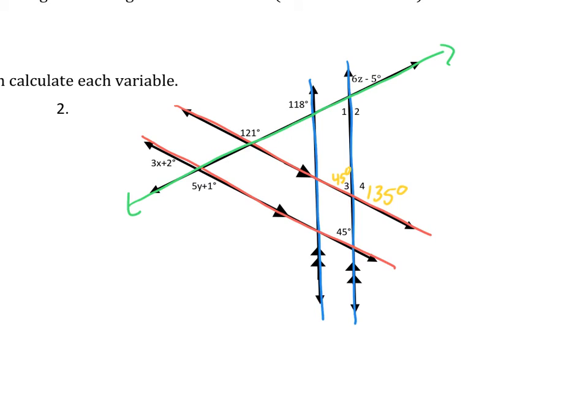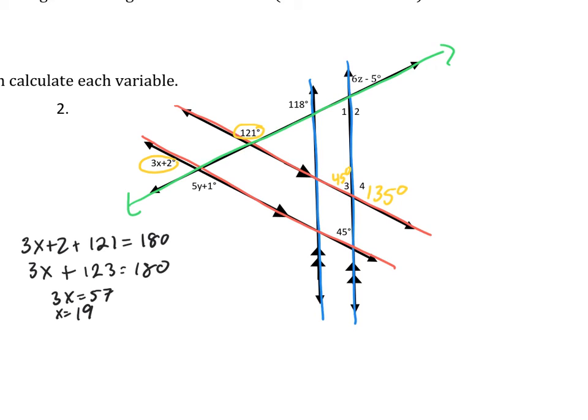First thing I'm going to say is, this expression with x and the 121 degrees are same side exterior angles. And what we know about same side exterior angles is that they are supplementary. So I'm going to go ahead and add them together and set them equal to 180 degrees, and I'm going to use that in order to solve for x.